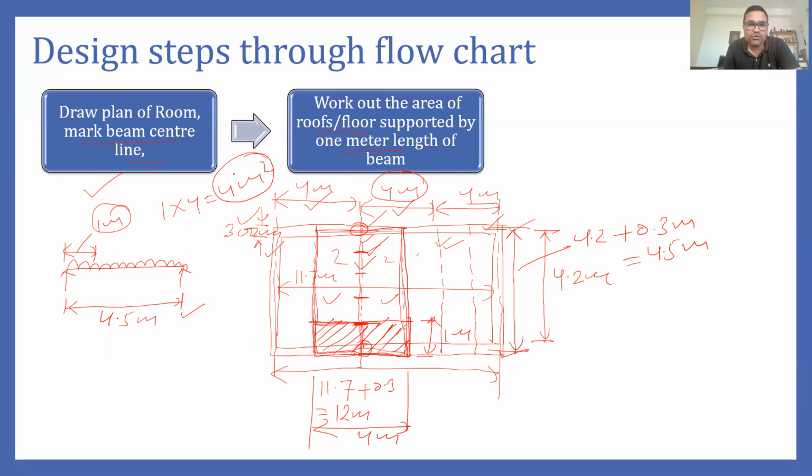So 4 meter square area of the roof is supported on 1 meter length of the beam. Now we have to find out the load on this area only. To calculate the UDL, we actually need to find out the load on this area only.